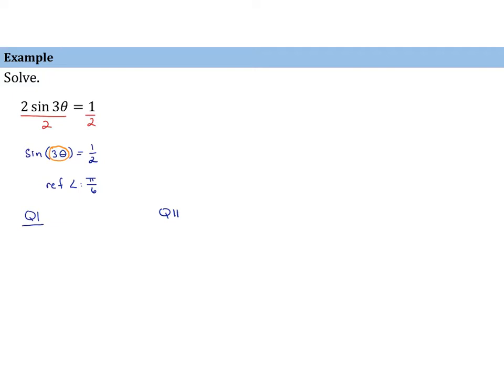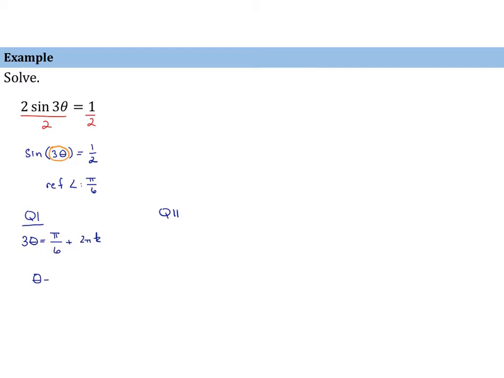But what is our angle here? Our angle isn't theta. Our angle is 3 theta. So therefore, 3 theta can be pi over 6 plus 2 pi k. So now, again, we're solving this for theta, so let's divide everything by 3.